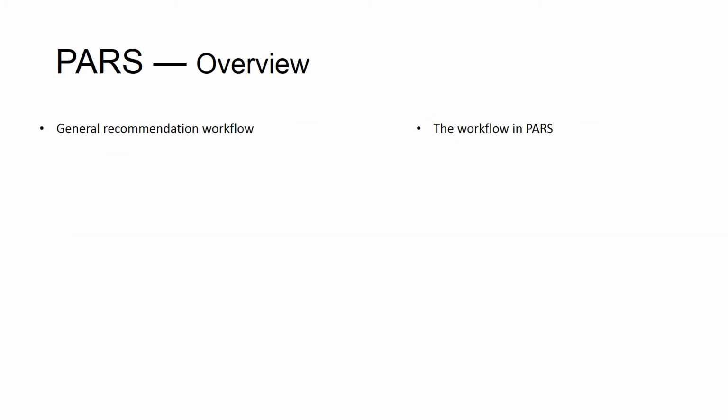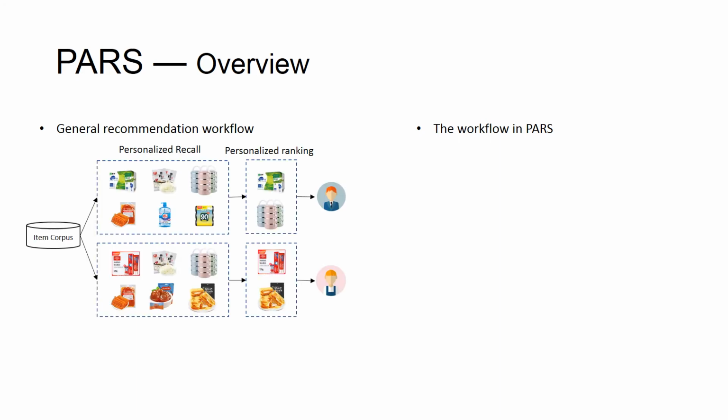Before giving more details about our algorithm, let's have a rough overview of our recommender system and the traditional recommender system. The left-hand side shows the workflow of the traditional recommender system.